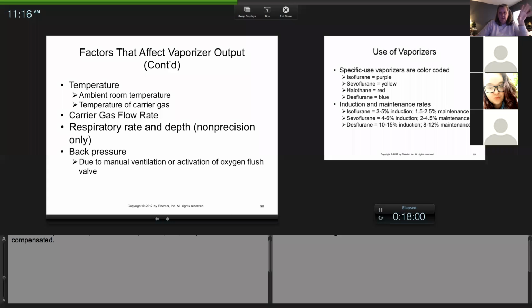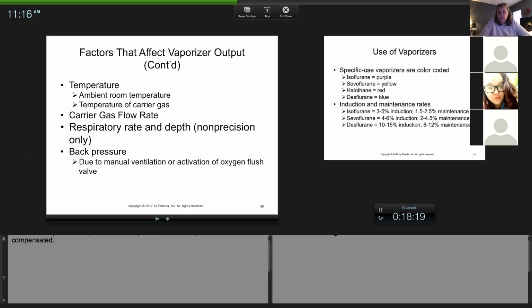And so they had to adjust the temperature in the OR and fix the vaporizer. So ideally they're temperature controlled. But again, if you were in a very, very cold environment or a very, very hot environment, that could affect the percentage. And then the temperature of the carrier gas.